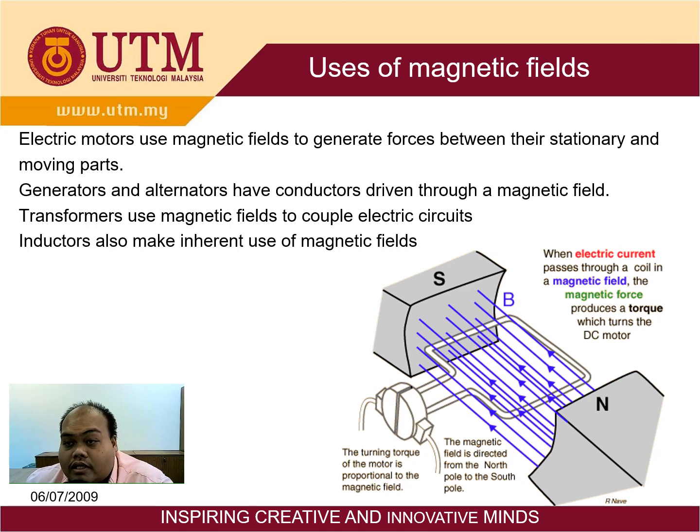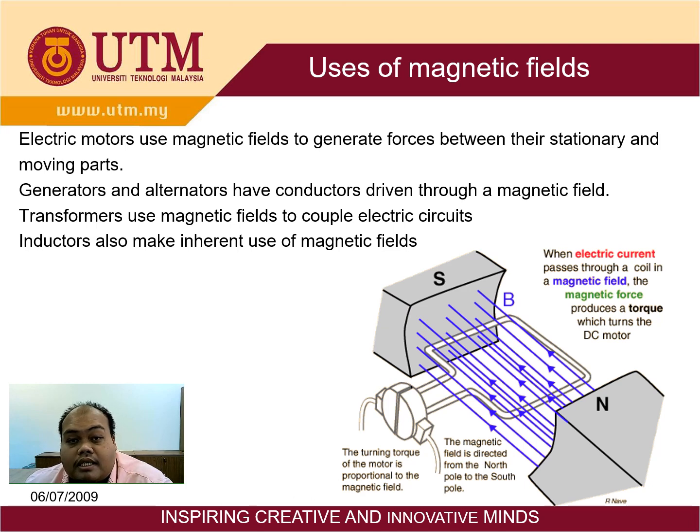So the Lorentz law is very useful to design the motor. If you can see the figure here, there is a magnet, there is a rectangular coil, and these are the brushes.